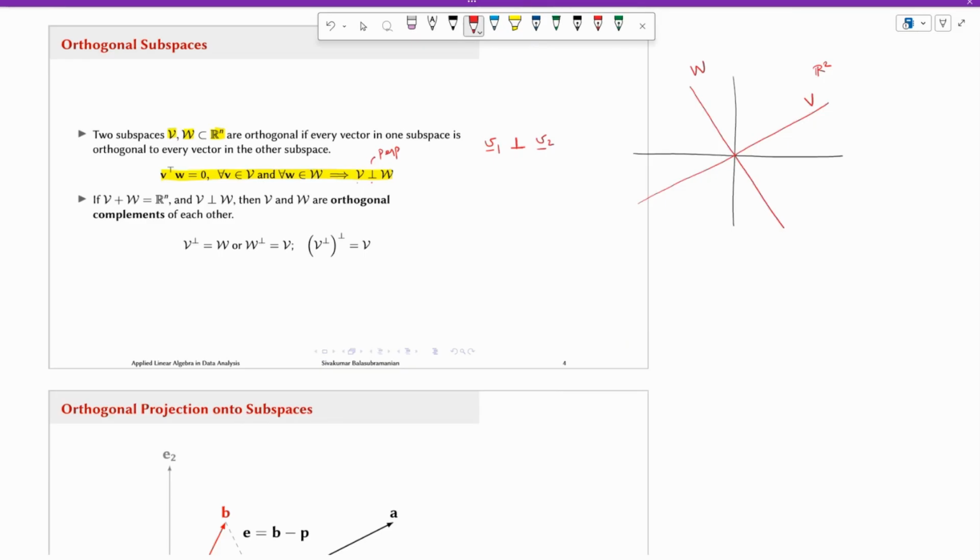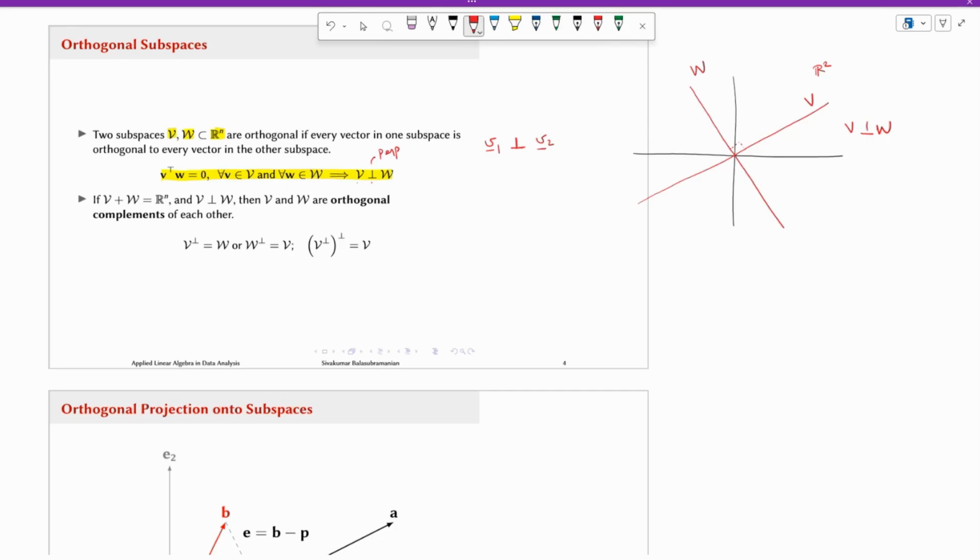And this is the W subspace. Let's say these lines are perpendicular to each other. If the two lines are perpendicular to each other in R2 and they are subspaces, then you would say, in fact, the subspaces are perpendicular to each other.